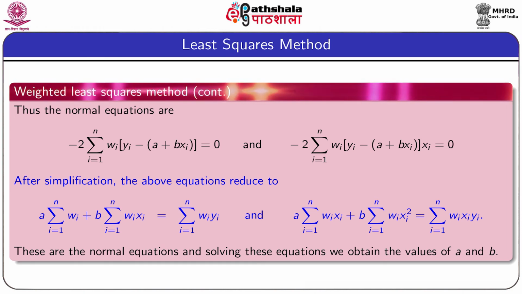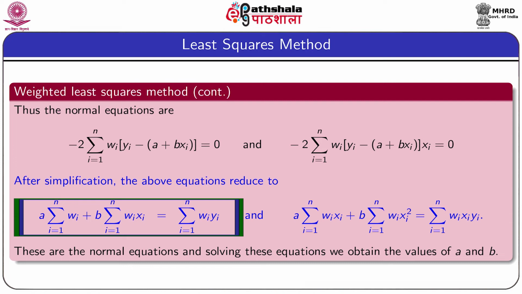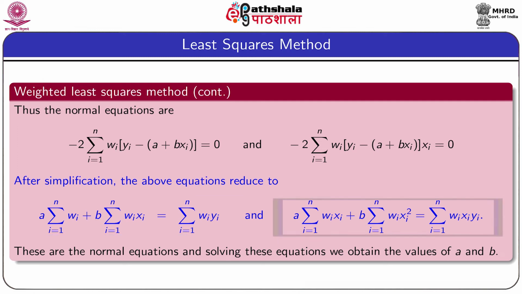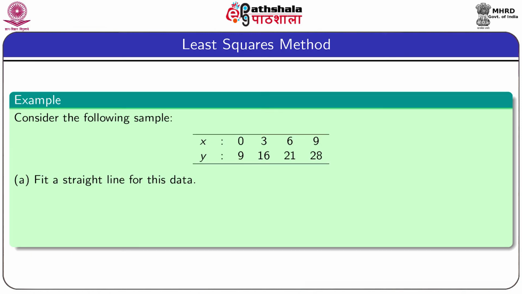After simplification, these equations reduce to a into summation wi plus b into summation wi xi equal to summation wi yi, and the second equation is a into summation wi xi plus b into summation wi xi square equal to summation wi xi into yi. So these are the normal equations, and solving these equations we can find the values of a and b, the unknown parameters. And now we consider the following example to illustrate the weighted least squares method to fit a straight line.